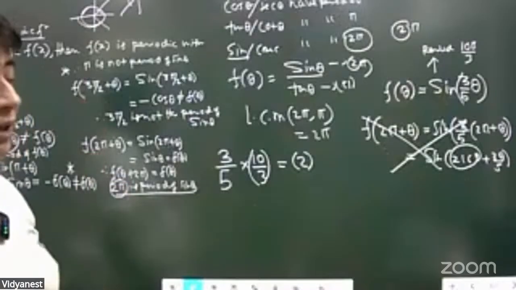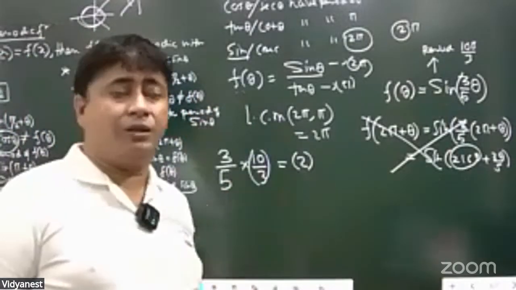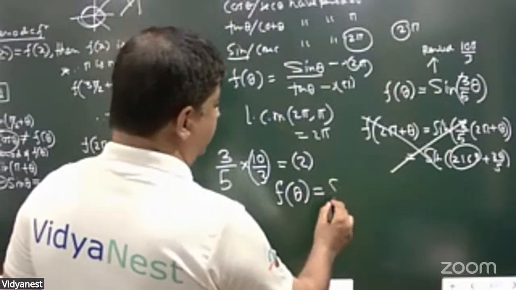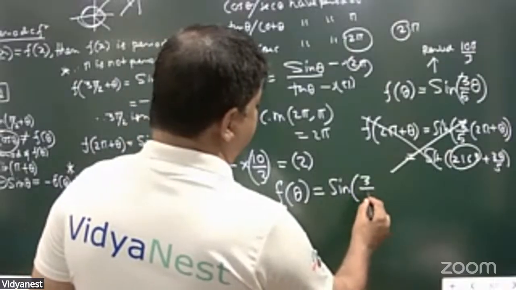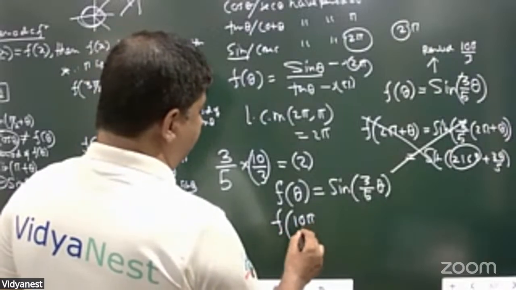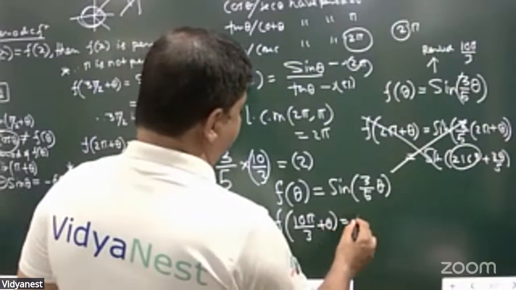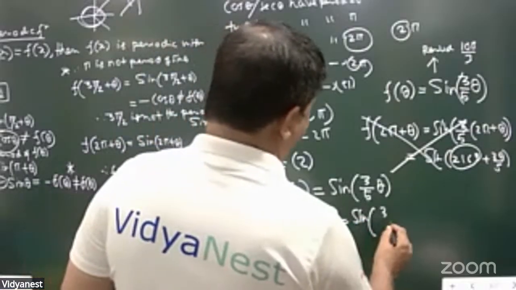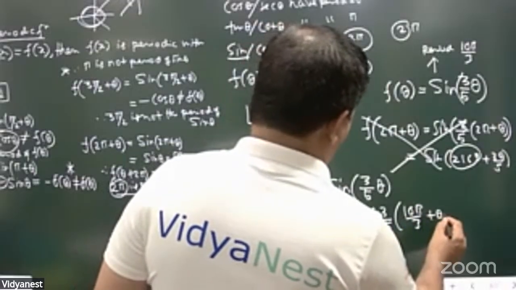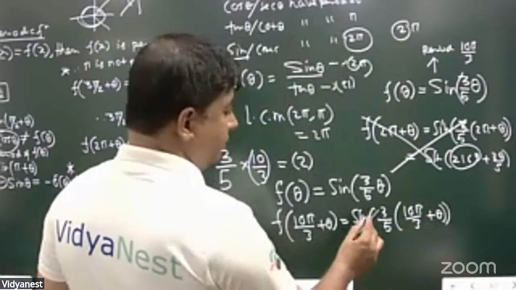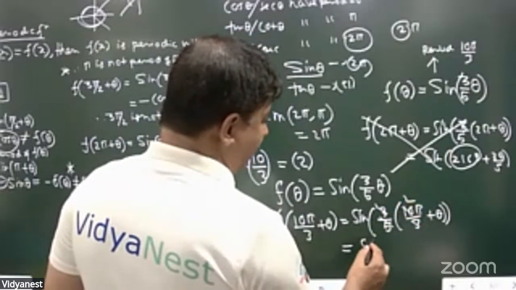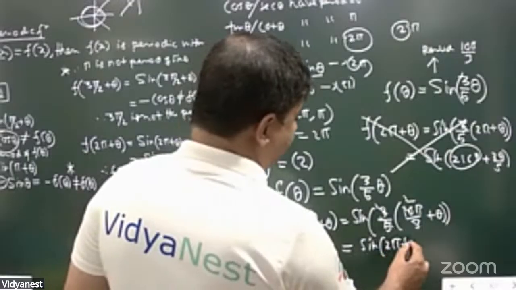Then you check f(theta) is sine of 3 by 5 theta. So f(10 pi by 3 plus theta) is sine of, just multiply. See, the 3s and 5 will be cancelled. 2 pi plus.